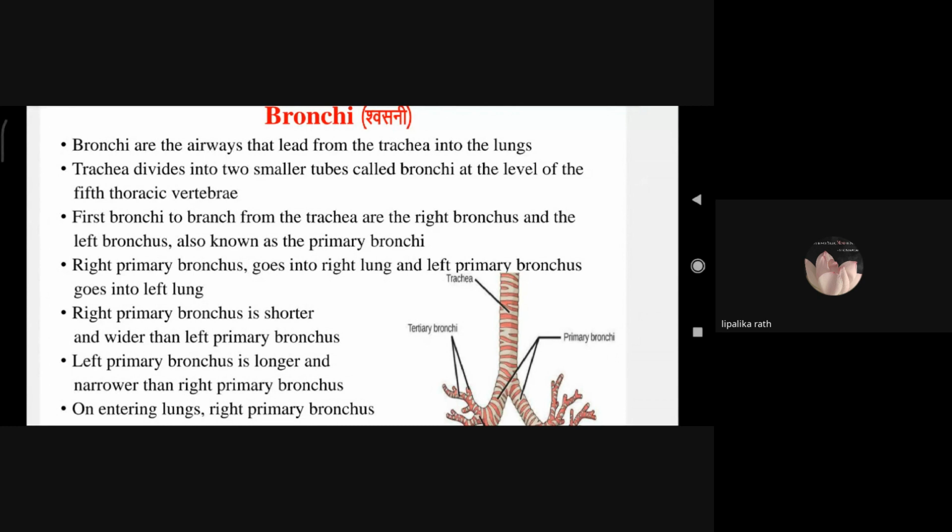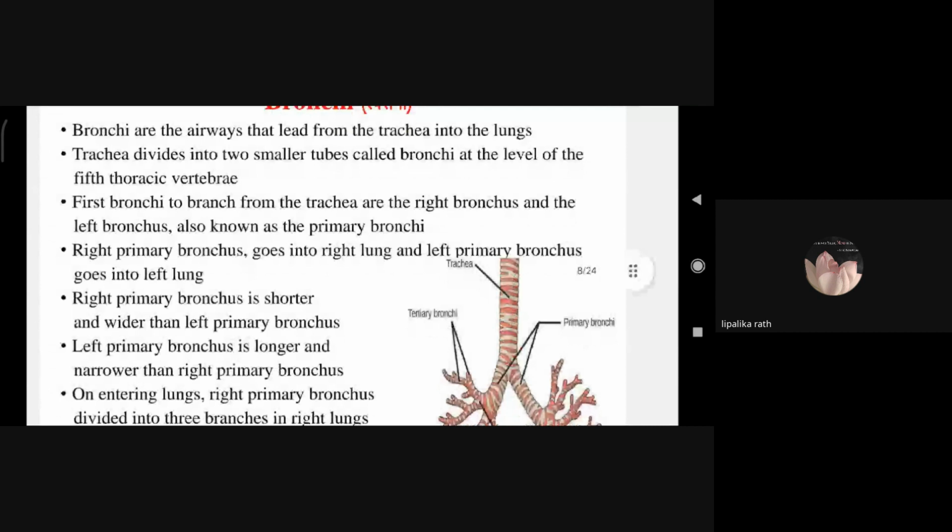They are then further divided into many branches. The right primary bronchus goes into the right lung, and the left primary bronchus goes into the left lung. The right primary bronchus is shorter and wider than the left primary bronchus. The left primary bronchus is longer and narrower than the right.